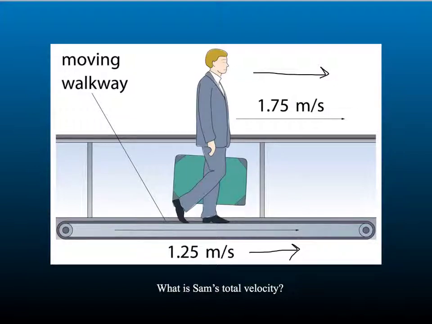Now, because the vectors are going in the same direction, if we want to work out this man's total velocity, then we can add them together. So his velocity would be 1.75 plus 1.25, which gives us 3 meters per second. Not forgetting that we need to include our direction, so it's 3 meters per second to the right.